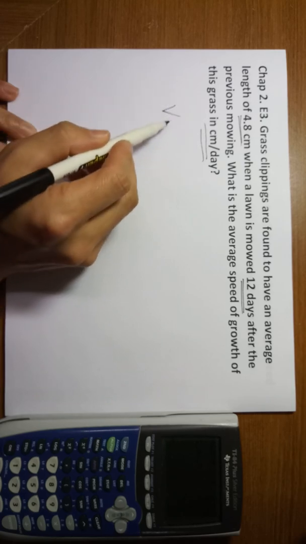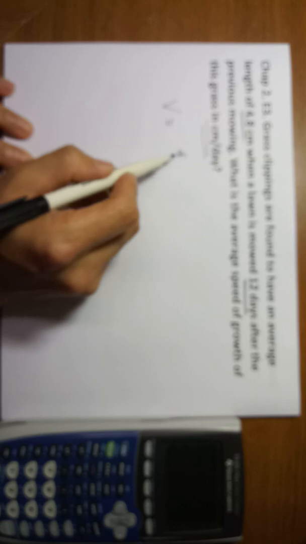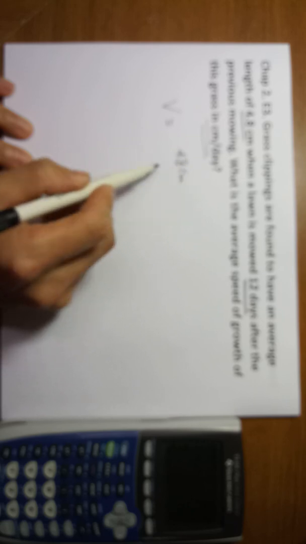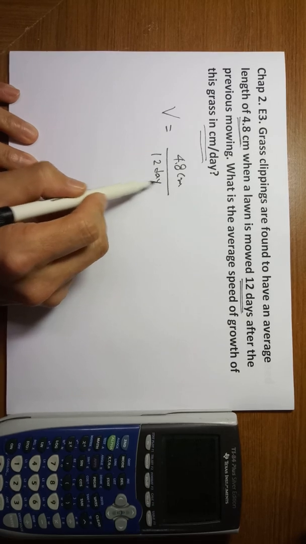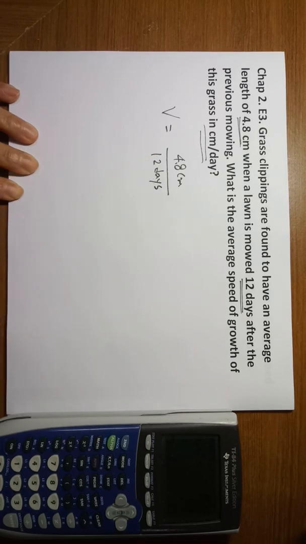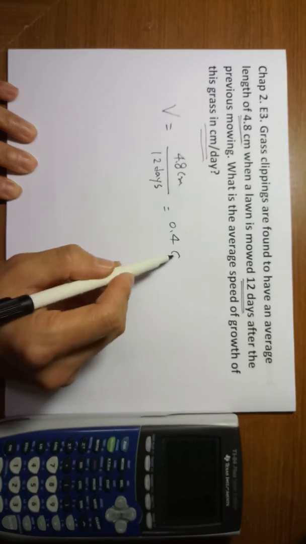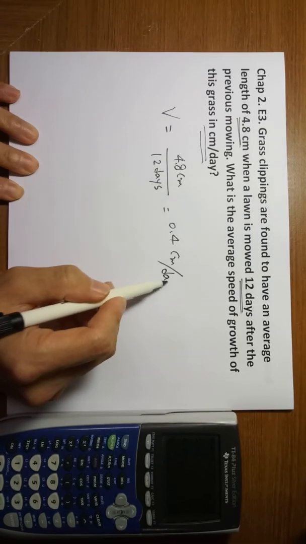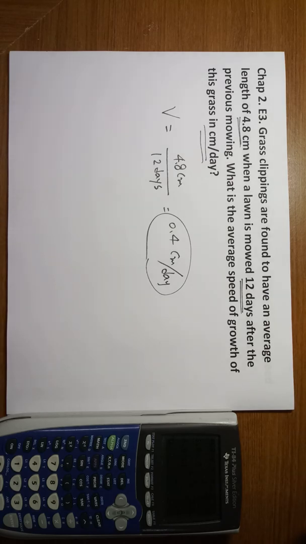So this is also average speed, and you get 4.8 centimeters over how many days? 12 days. So 4.8 divided by 12, then you will get 0.4 centimeter per day. That is your average speed in a day.